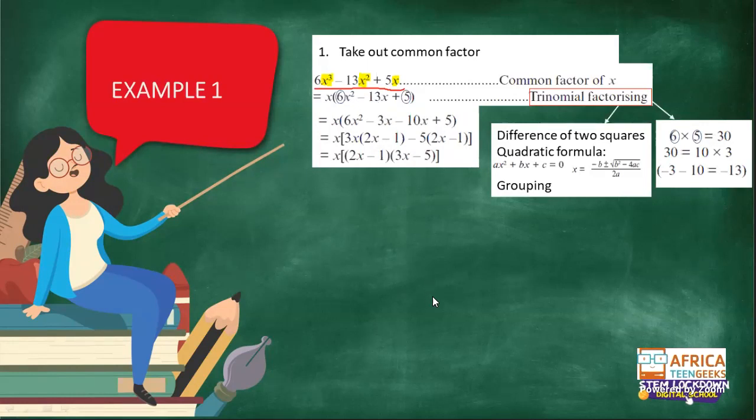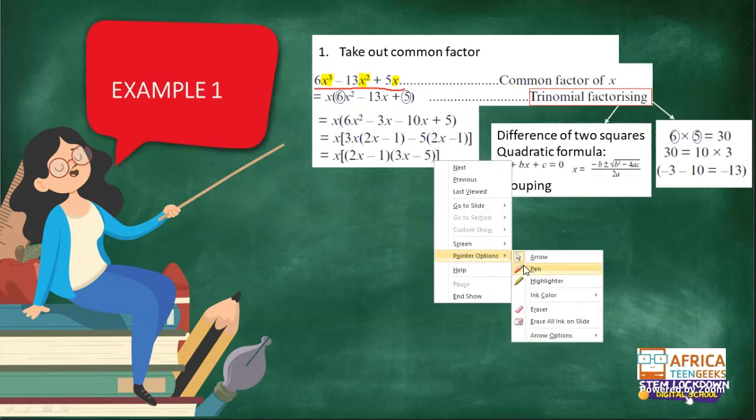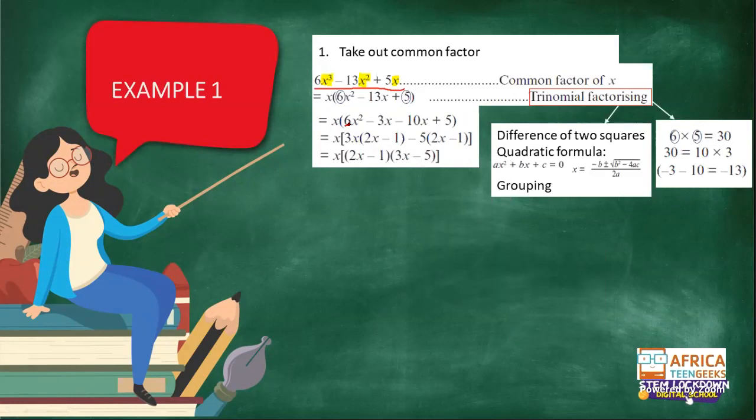In this case, if you look at this term, for the first two terms, you can factor out 3. And for the next two terms, you can factor out 5. If you factor out 5, you'll have 2x minus 1. And if you factor out 3x, then you will have this term.